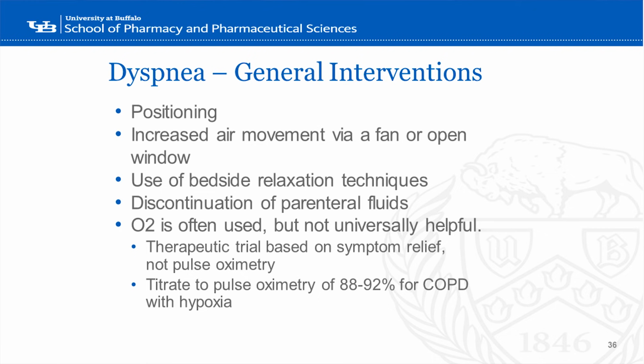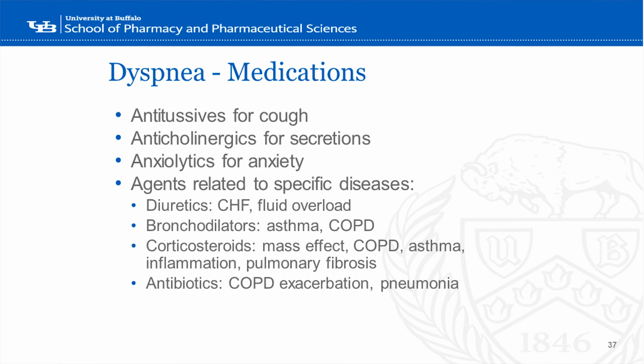fluids, which can cause fluid overload. And oxygen is often used, but it's not universally helpful. Some patients respond to it, others don't. From medications that can be used, again, antitussives for cough.